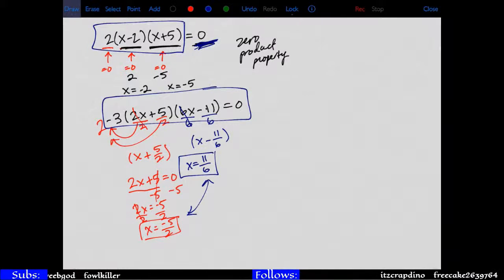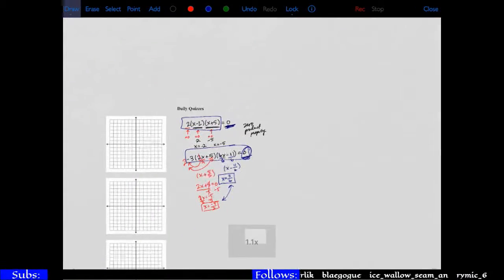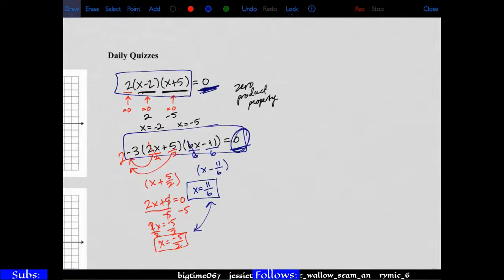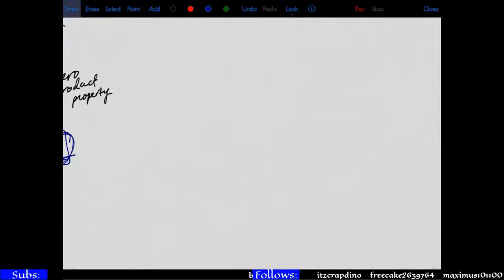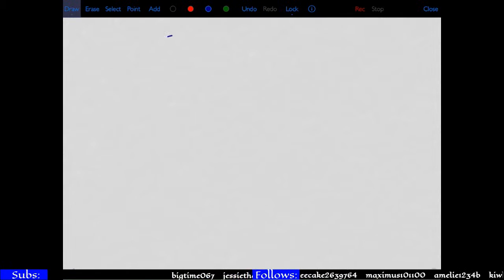Because once we get into this factored form, we can't just subtract or get rid of a number that's on the side. We'd have to put it back into standard and move that number over first to get it equal to 0, and then factor. Okay, so that is solving by factoring, or solving intercept form. Next one is solving with square roots.